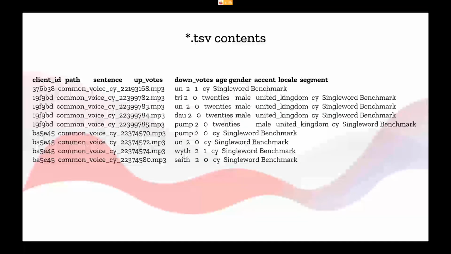When we look into the TSV files, this is the kind of information we have. For every audio clip, we have information on the client ID, which is going to be highly correlated with speaker identity. I've truncated these client IDs here so they fit on the page, but they're these monster anonymized IDs, I don't know, 20 or something characters long. But you can see here that they do repeat.